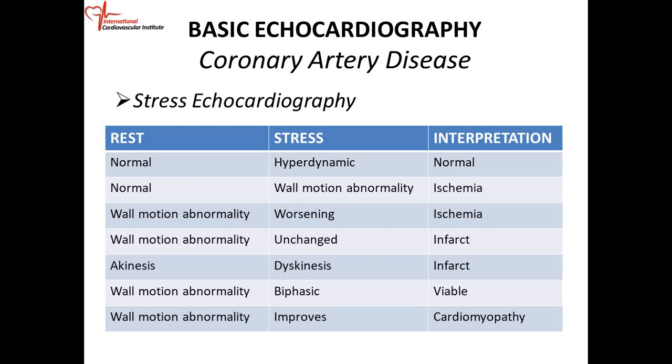So it increased with low dose, and then it goes back to being abnormal at peak or high dose. That's a biphasic response. And what that is telling you is that even though you may have say a 30% ejection fraction, there are some muscles that are still alive, are still viable in that 30%.